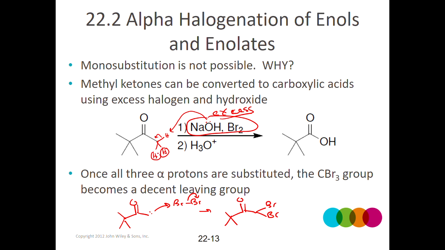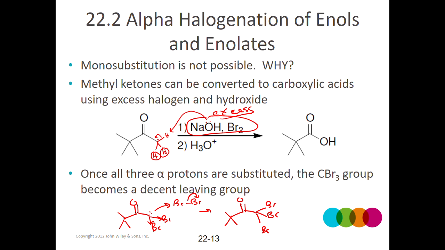And that's going to pick off another proton and create another enolate. Once the bromine's already there, it makes the process more likely to occur because it stabilizes the next negative that forms through induction. And then once that proton is removed and that enolate attacks another bromine, I would get another bromine connected there.